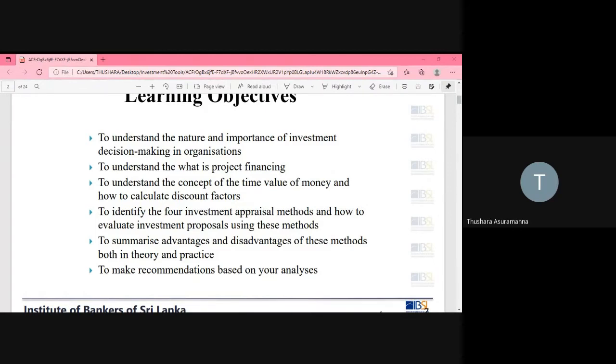Before going to the learning objectives, let's understand what is investment decision and what is financing decision. So let's say you are a sponsor, promoter, and investor. So you have some money with you, right? And if you want to take an investment decision, to think about doing some project, you think whether I am going ahead with it or not.